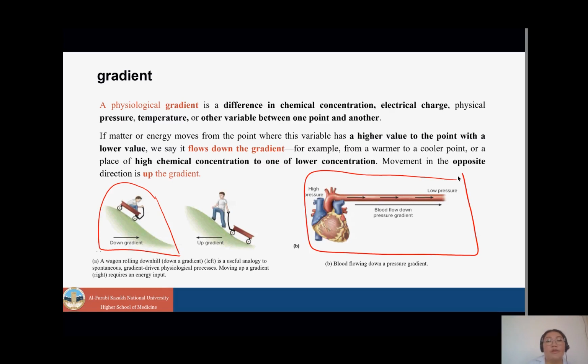If it's about pressure, from high pressure to low pressure. If you talk about the digestion of substances such as lipids, they move from a high concentration of lipids to an area of low concentration. This is how we can move them through the cell.